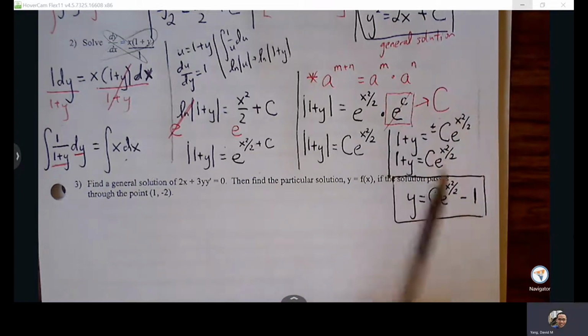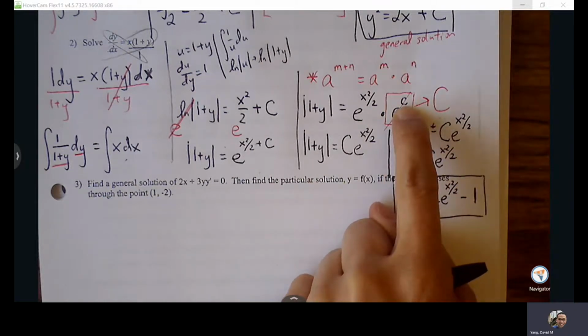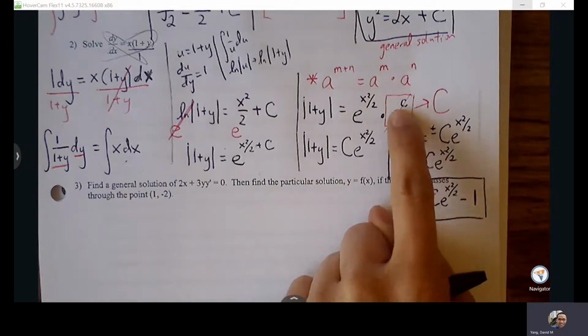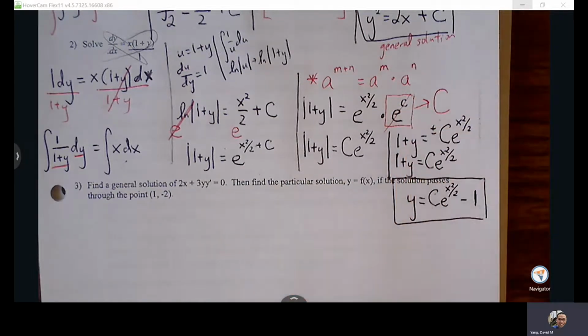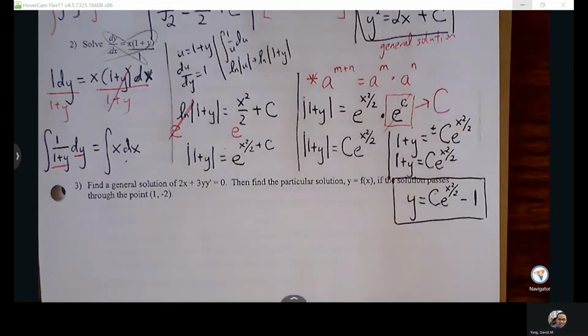Right, right. And the reason why is because e is a number, right? It's like 2.7. 2.7 raised to a number is still a number. So we can just clean that up and say, well, if e to the c is a constant, I'm just going to call it a big C to make this a little cleaner. Okay.